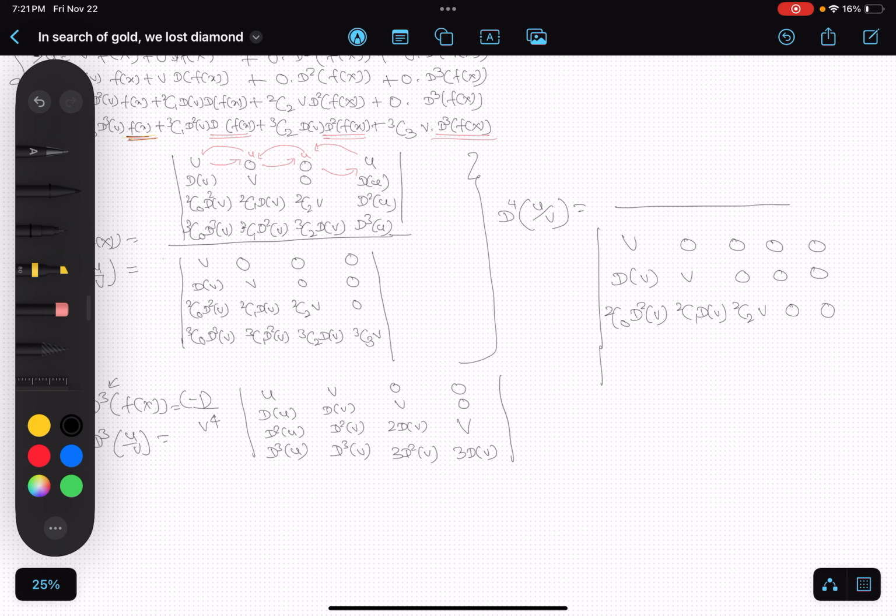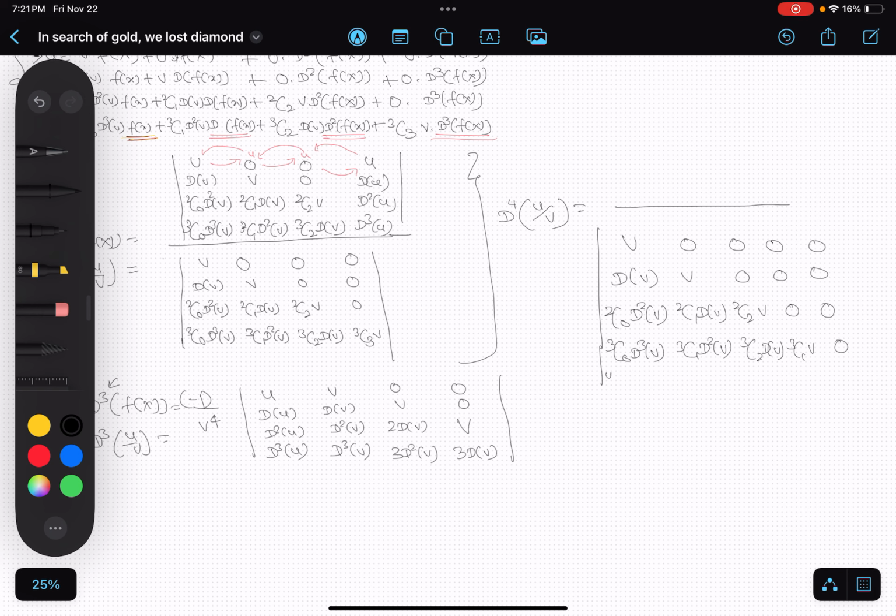Now again, this will be almost the same as in the previous determinant, right? I'm just looking at that and making a copy. So d cube b, 3c1 d square b, 3c2 db, 3c1 b and then 0.